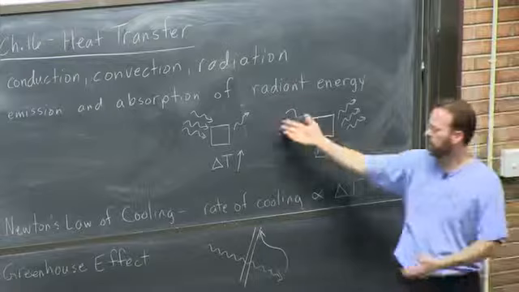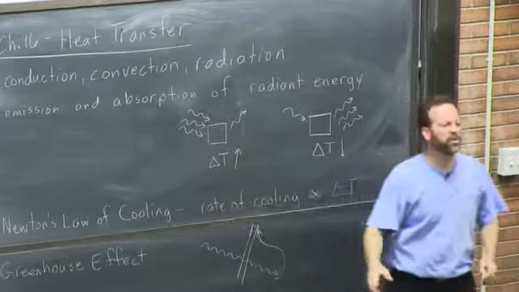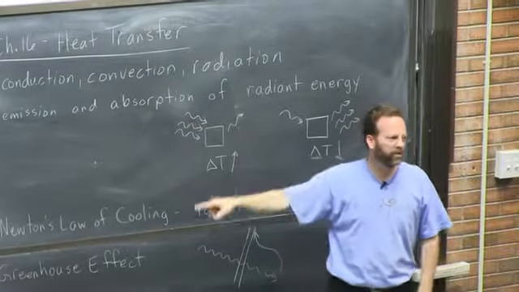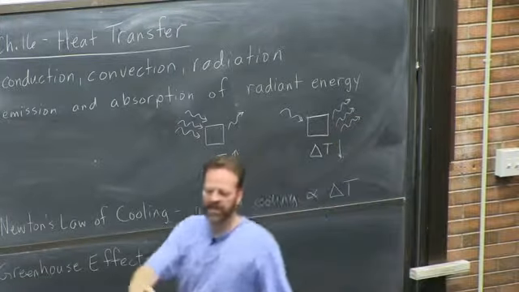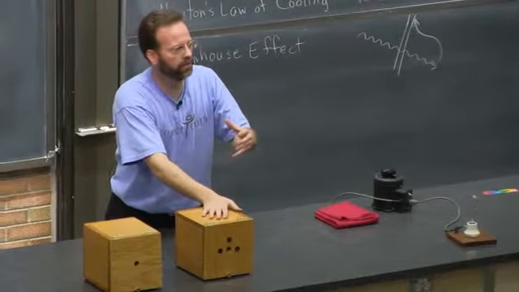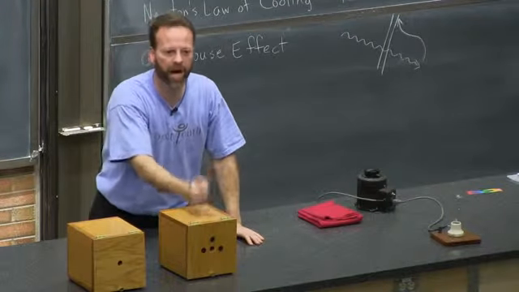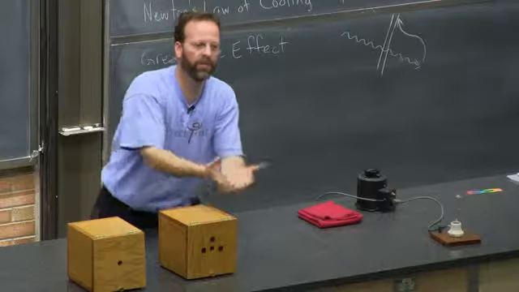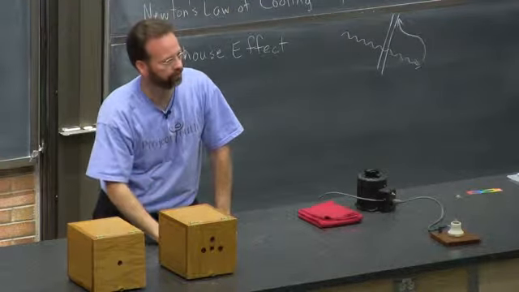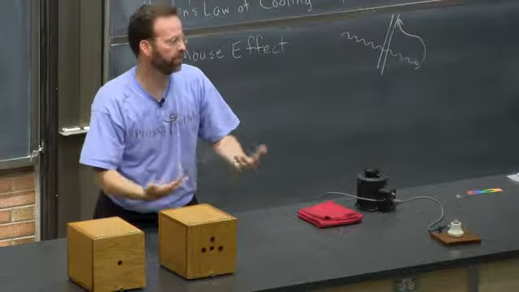And how do you determine when this happens? You look at the temperature difference between it and the surrounding material. If this is hotter than the air around it, we know which way heat flows, from the hot to the cold. So this will give up more than it's absorbing, and it'll cool down, and vice versa.